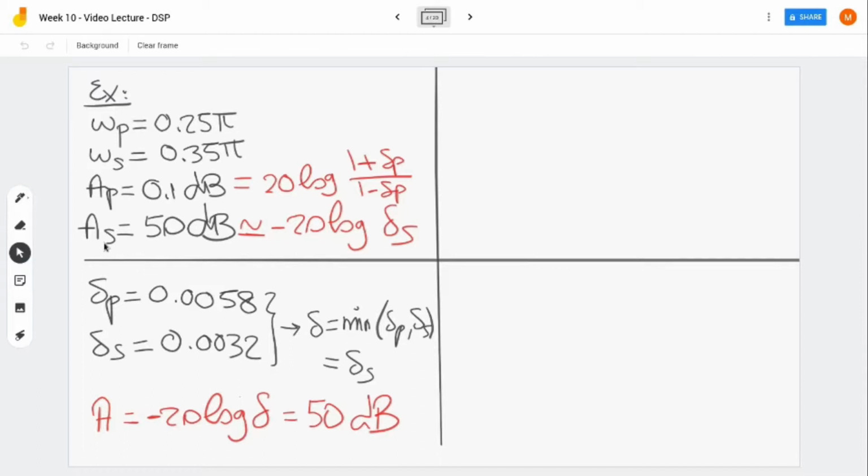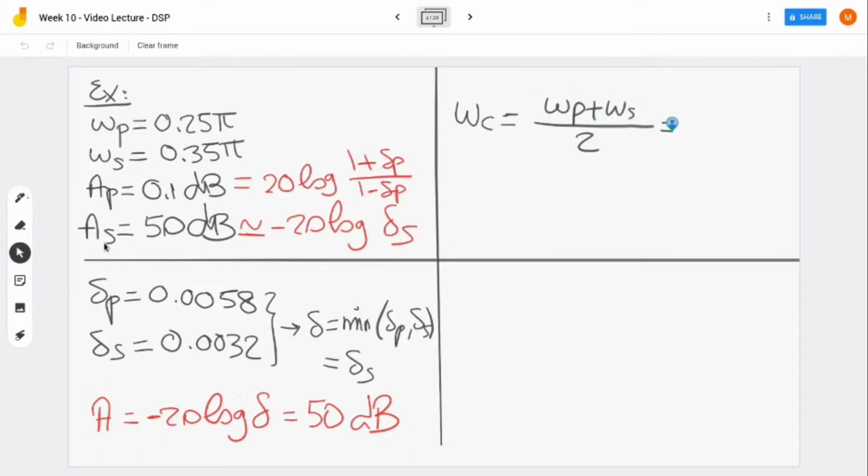Next step, we need to find omega C and delta omega. Omega C, the cutoff frequency, is assumed to be halfway between omega P and omega S, which is basically (omega P plus omega S) by 2.